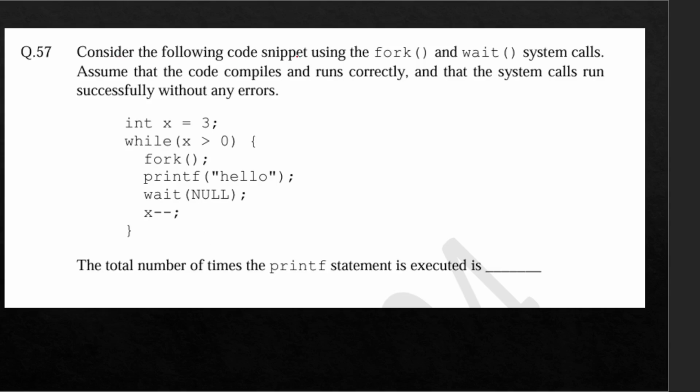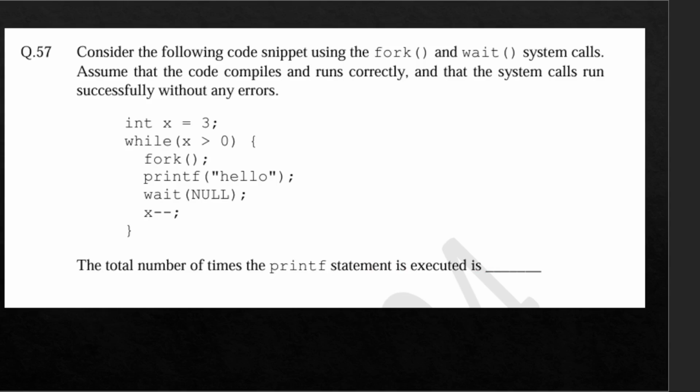Consider the following code snippet using the fork and wait system calls. Assume that the code compiles and runs correctly and the system calls run successfully without any error. So int x is given as 3, and when x is less than 0, the while loop will stop. Fork is there, print hello is there, wait NULL is there, x minus minus is there. So the number of times the printf statement is executed is.